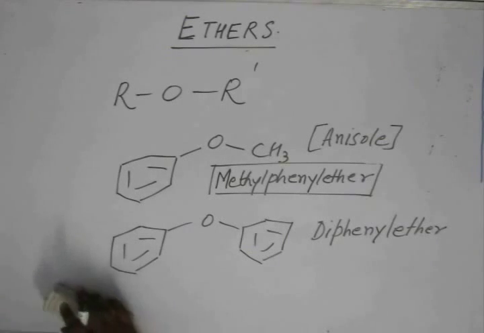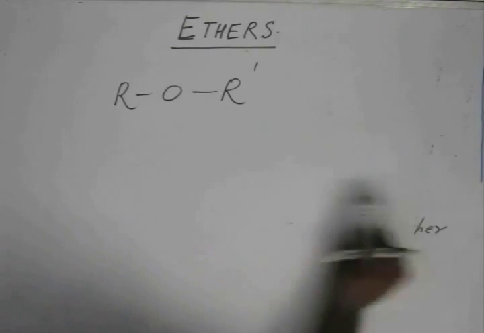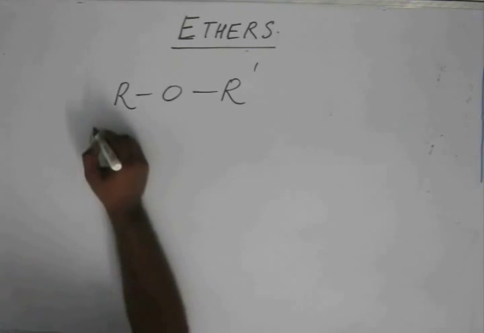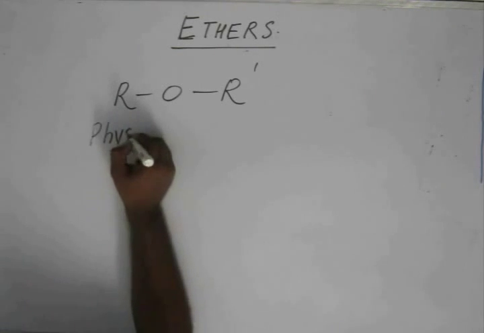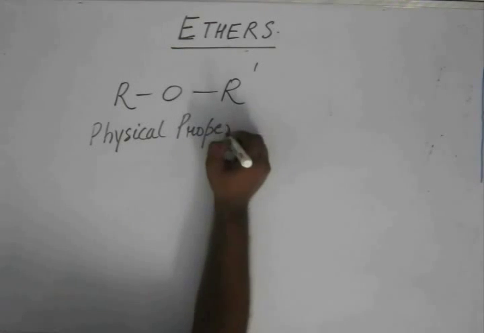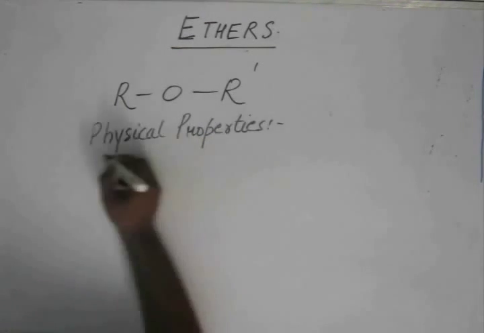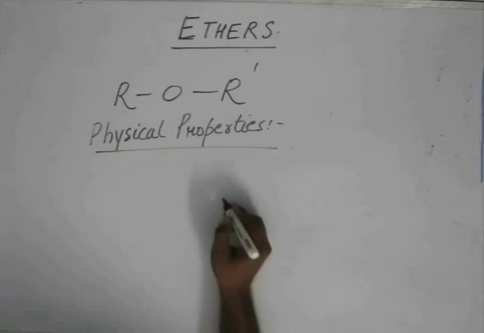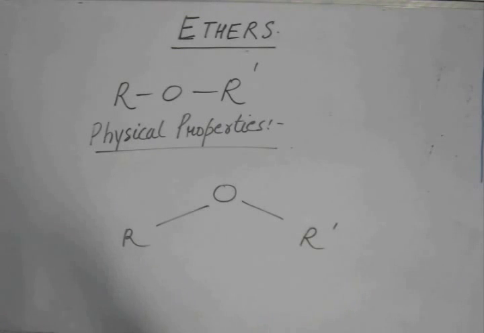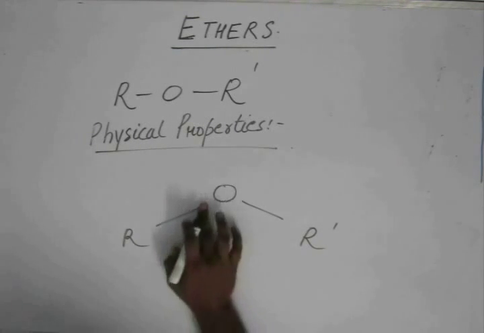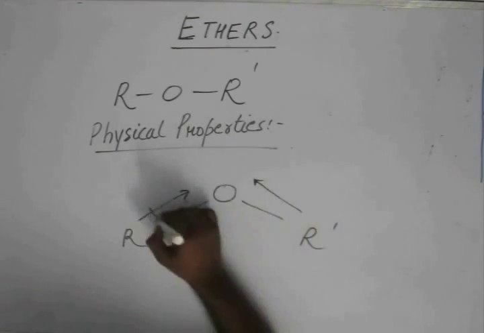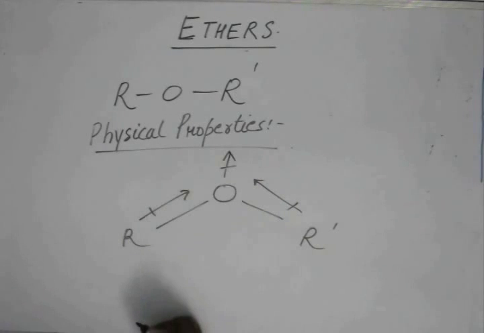Okay, fine then. Moving on to the physical properties of ethers. As is very evident from the structure of ethers, the dipole moment in this case cannot be equal to 0.